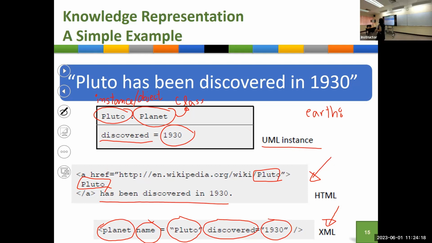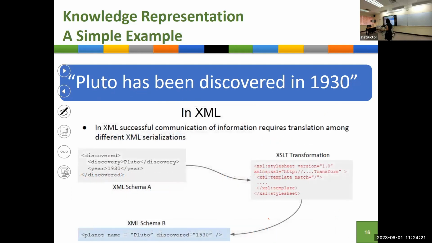So there are various ways, but a problem in XML is that you can design and model any possible tag, nested tag or element, and come up with very different schemas to represent the same thing.